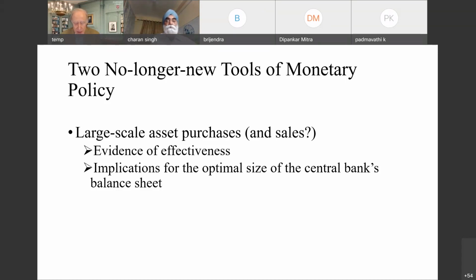So we've multiplied by a factor of 8. There is substantial discussion, or at least used to be, of whether central banks should go back to a balance sheet that was more like what they had before the great financial crisis. And my answer to that is no. I think we've established a new tool of monetary policy, and it should be available to use in both directions.